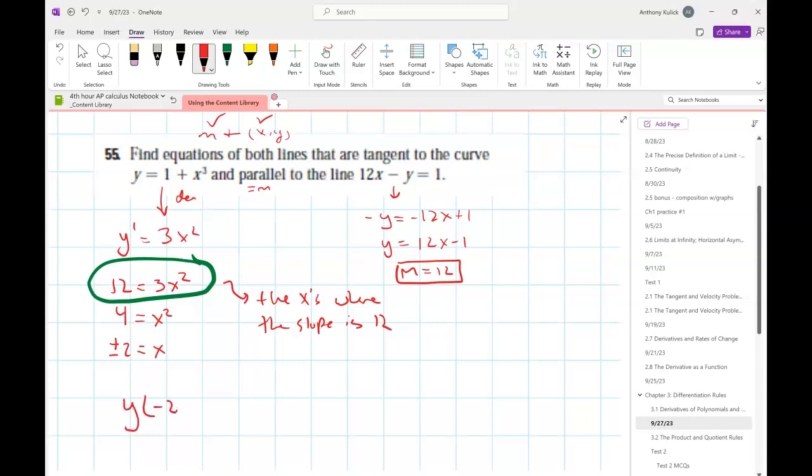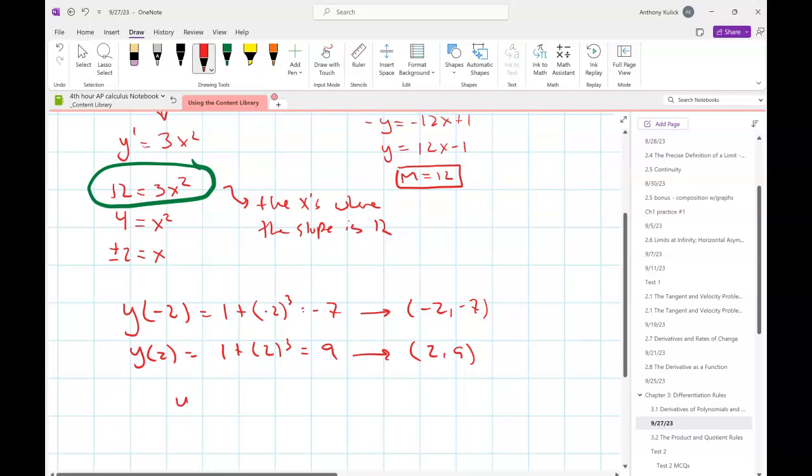So if I plug -2 in, I get -7. So there's my point, -2, -7. And when I plug 2 in, I get 9. So I have the point 2, 9.